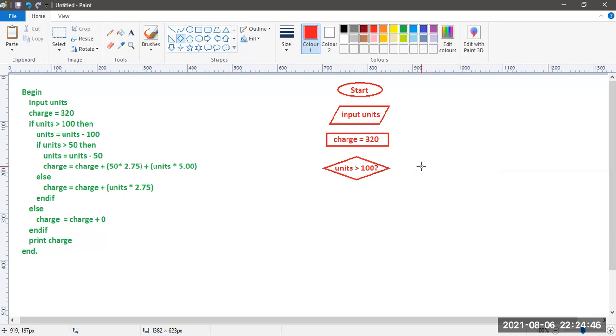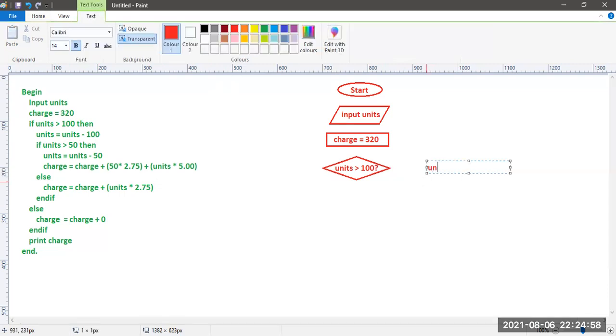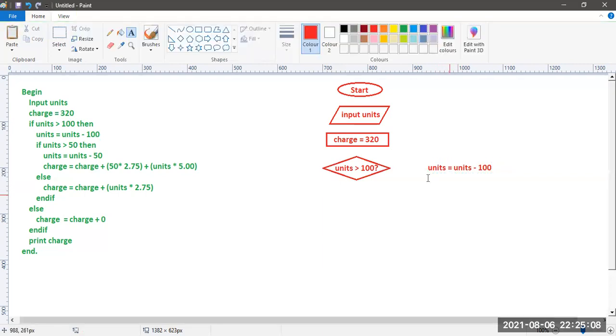So if this was yes, the first thing that we are doing is units equals units minus 100. So it's a process. We are going to reduce the 100 units there.